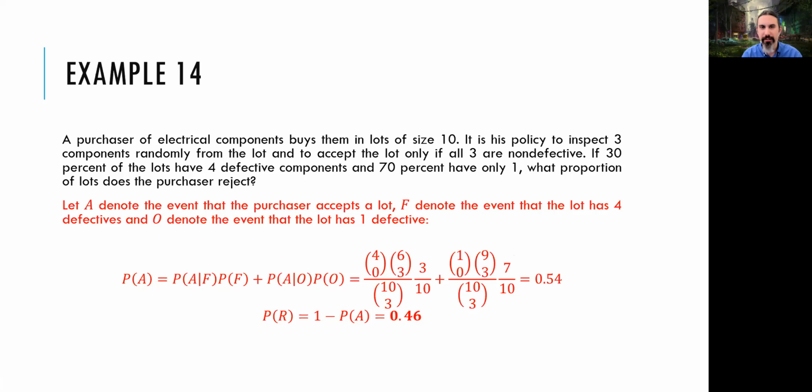This probability is not rejecting. This is accepting the box. So 1 minus this means it's rejecting the box. So instead of this one, we use this one. 1 minus PA is rejecting. 1 minus accept is rejecting, which is 0.46. So 46% of the boxes are rejected by this purchaser.